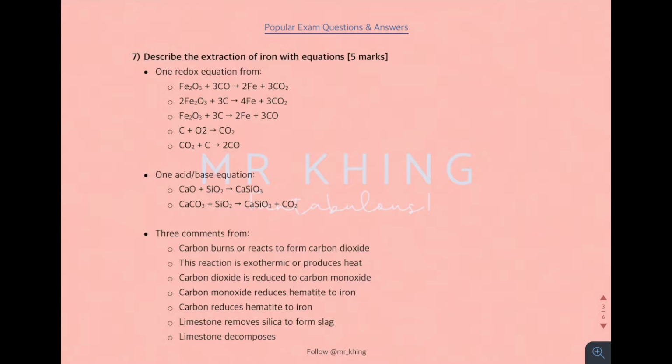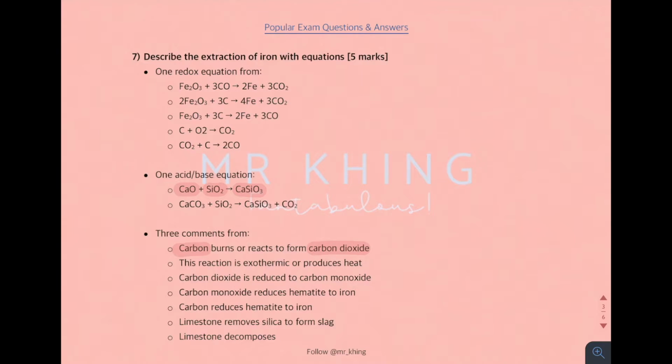Okay, so next, extraction of iron with equation. Remember, all these metal extractions are very popular and important in exams. So you see the equations include one acid-base reaction. Remember, the acid-base reaction is always the reaction between calcium oxide and silicon oxide to form slag, so-called calcium silicate. Then you see some comments you have to mention, like carbon burns to produce carbon dioxide.